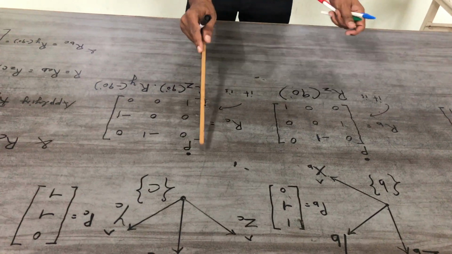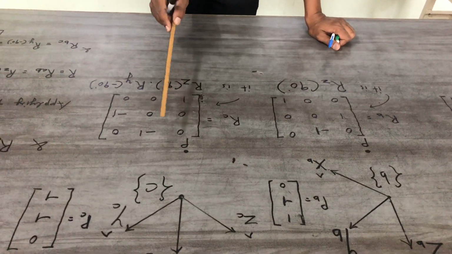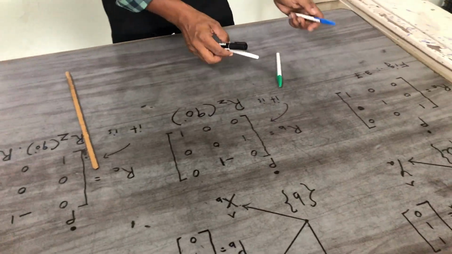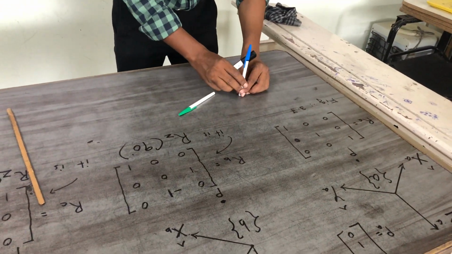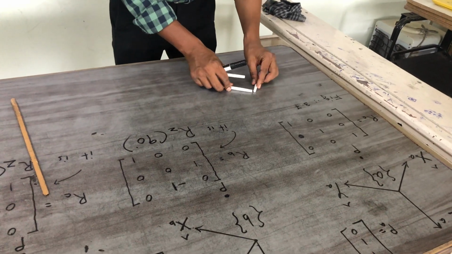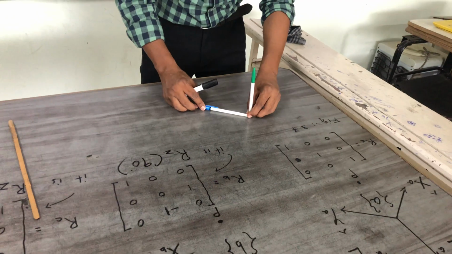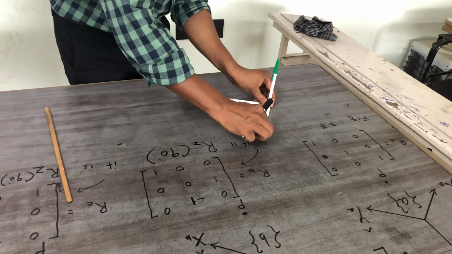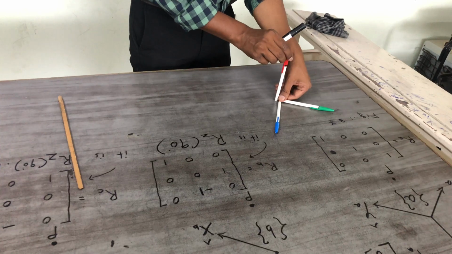For further rotation, see the red one, blue one and green one. Initially rotated this way, and then after rotated this way. So we have to consider two rotations side by side.